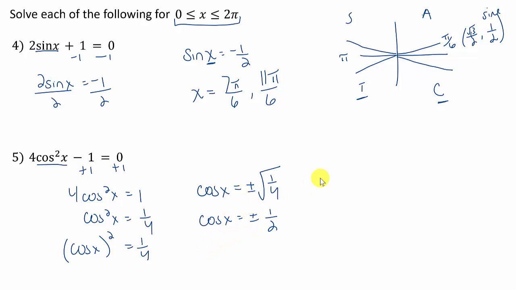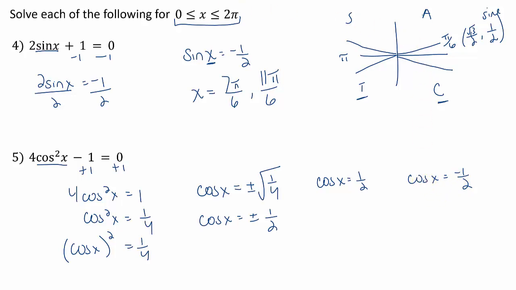So what I'm really solving is I'm saying, well, cosine of x needs to be positive 1/2, and cosine of x needs to be negative 1/2. So which angles give me positive 1/2 and which angles give me negative 1/2? Well, that's pretty easy because that takes care of our positive and our negative. So that's going to be 4 angles. It's going to be one from all 4 quadrants. But I need to know for which value is my cosine, which is my x value, going to be 1/2.